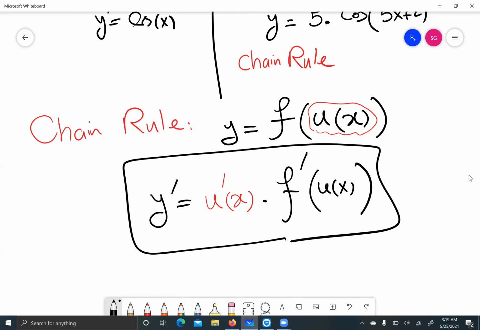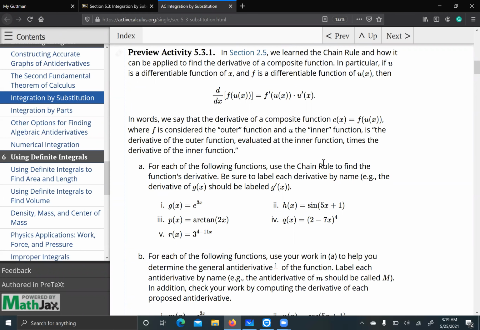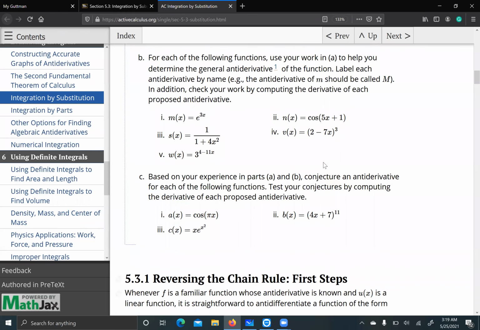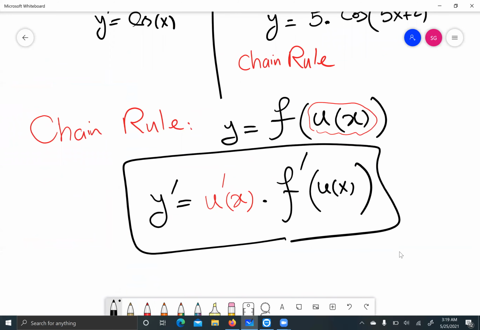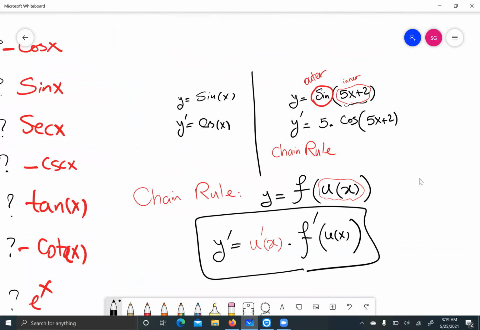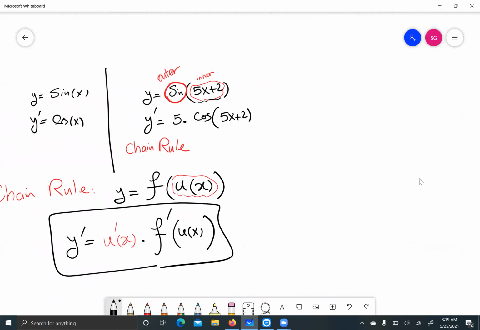Okay, so we have a similar case for integrals, that sometimes the integrand is a composition. And then what we actually do is reverse the chain rule. Suppose you have something like this. The question tells you, what is the integral of 5 times cosine of 5x plus 2 with respect to x?